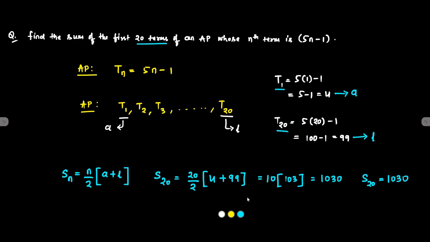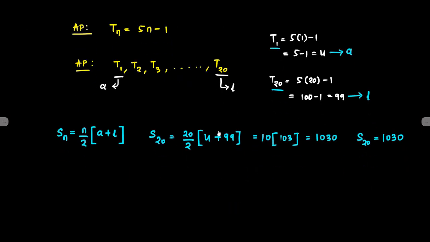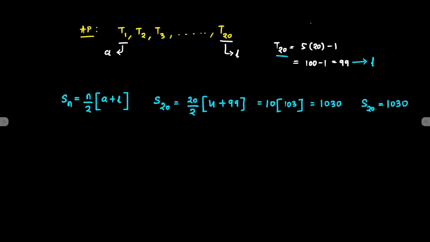Now there is also another way which you can proceed, using the other formula, that is Sn is equal to n by 2 into 2a plus n minus 1 into d.